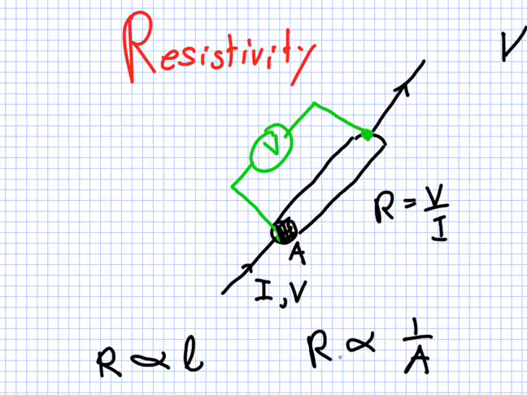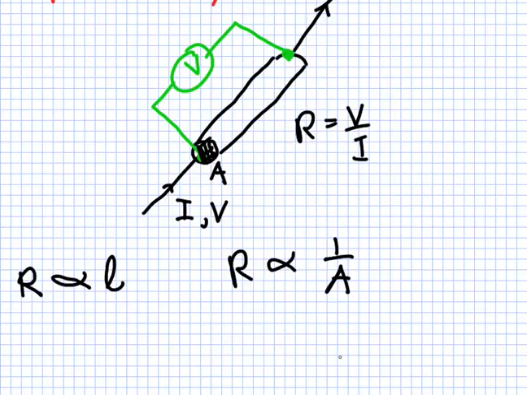So, of course, if you use copper, you'll get lower resistance than if you use something like a plastic. So there's a third variable here, which is to do with the material, which is just a constant, and the name of this constant is the name of the lesson, resistivity constant.